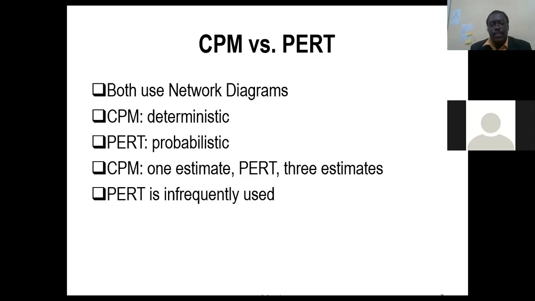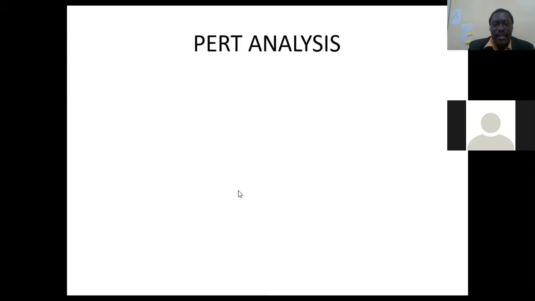For CPM, you need to take just one estimate for each activity. But for PERT, when you are computing it, you have three estimates, which we will see. PERT is infrequently used in most projects, but people use it because it contains some elements of probability.